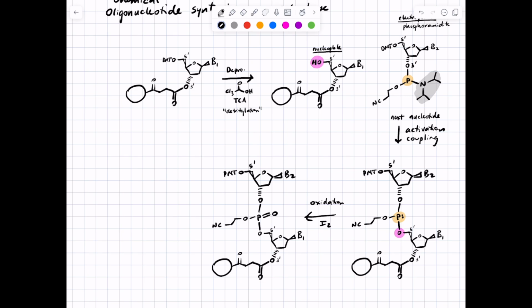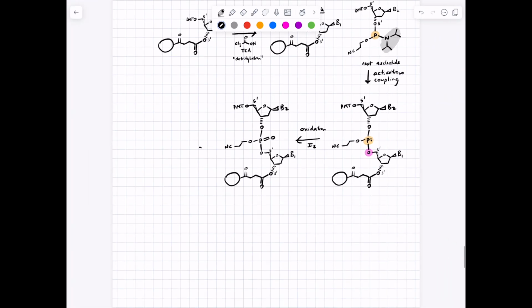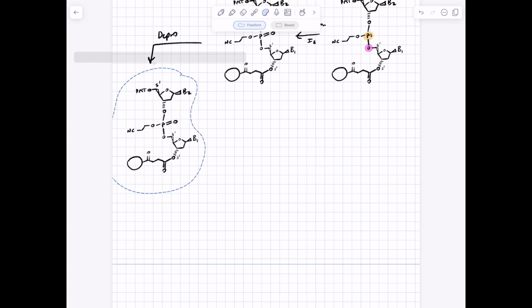And then we are ready for another cycle. We can do another deprotection step, which will unmask the 5' hydroxyl.